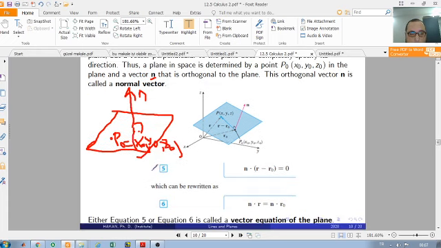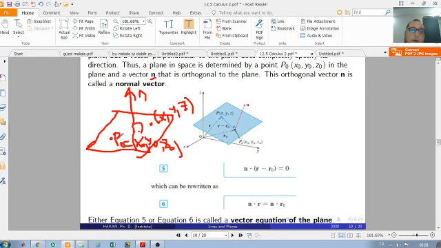Okay, so how can we find an equation? We use a general representation for any point in the plane, let's say x, y, z, and we know already a point on the plane, and we know its normal vector. So using these two quantities, we will find equations for a plane.